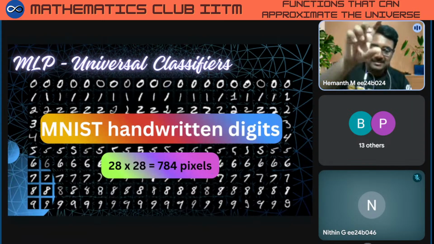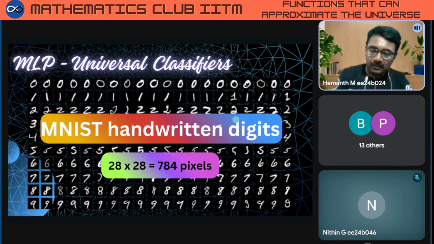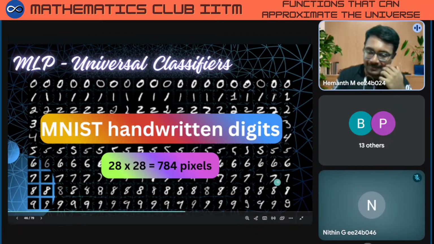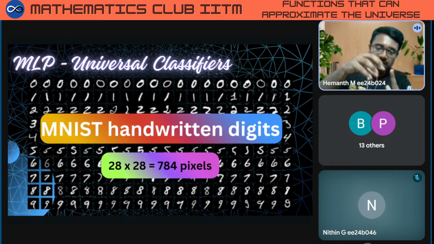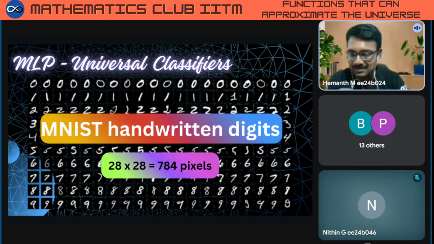So you can imagine it as a 784-dimensional vector, where you have 784 inputs, and your output should be either a 0 or a 1 or a 2 and so on up to a 9. So in the 784-dimensional space, you want to identify which region corresponds to 2, which region corresponds to 6. If you're able to do that, then you can identify which digit it is.